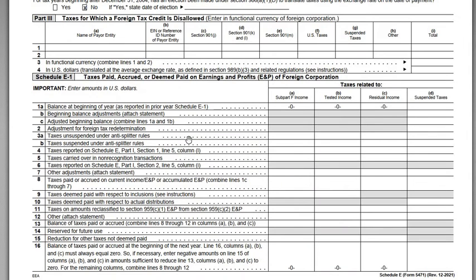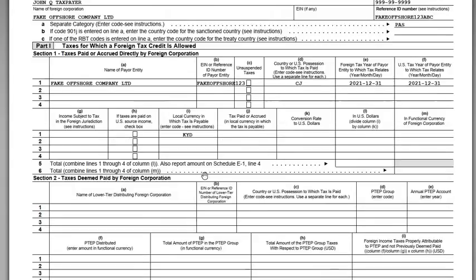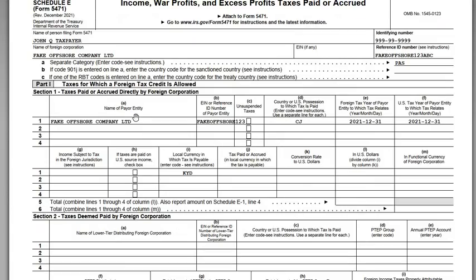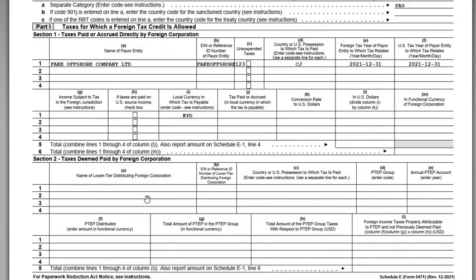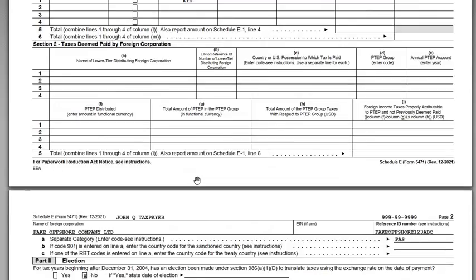Now, similar to the last video that we just watched on Schedule E, E-1 is going to be blank, right? In this example, the fact pattern we're working with, the foreign corporation doesn't have any foreign taxes paid or accrued in the Cayman Islands or any other jurisdiction for that matter, nor do they have any lower tier subs that would be passing up PTEP and any kind of foreign taxes paid.